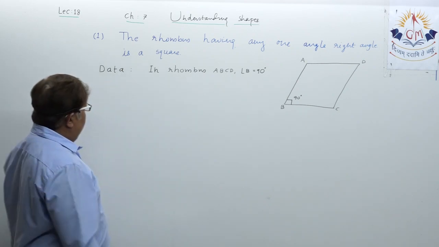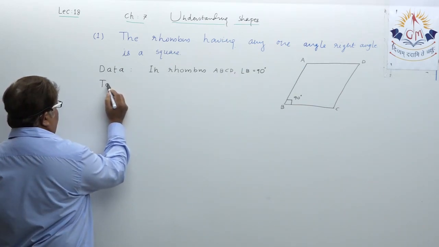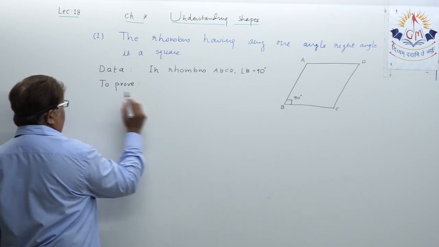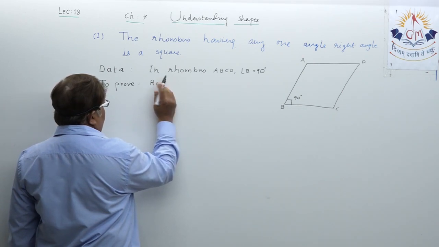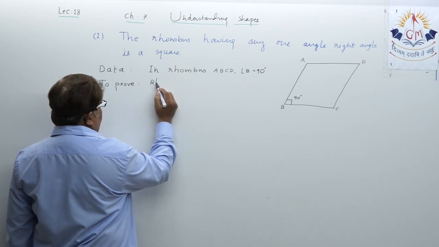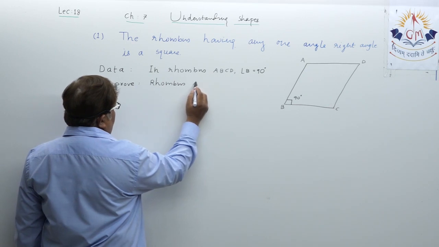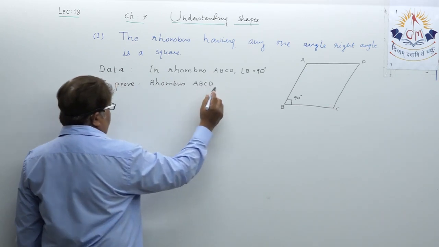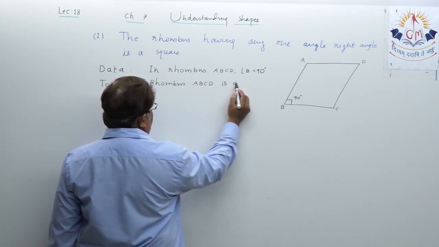Understand? What you have to prove. To prove, you have to prove that rhombus ABCD is a square.